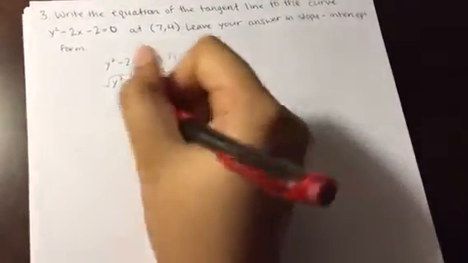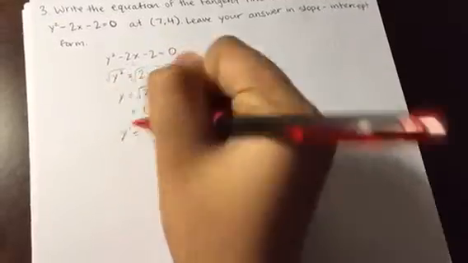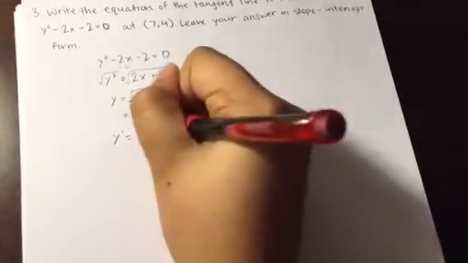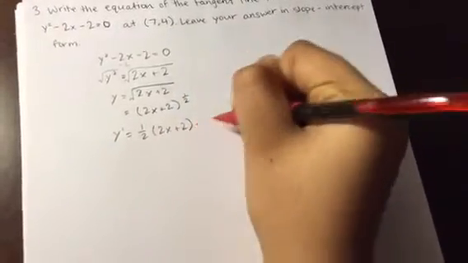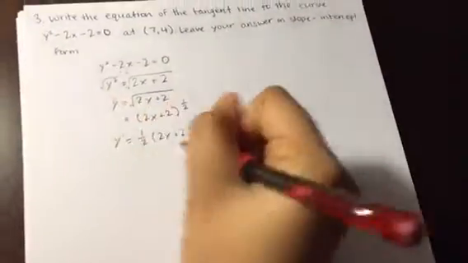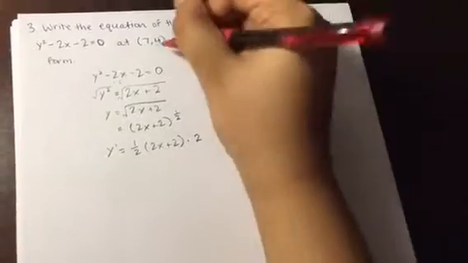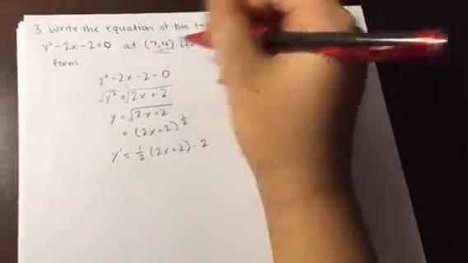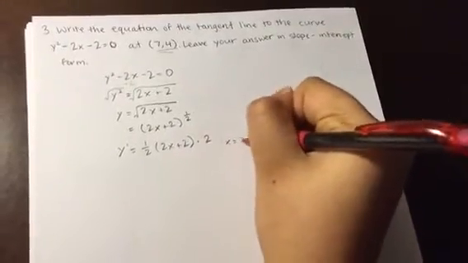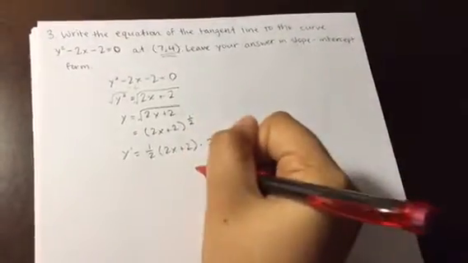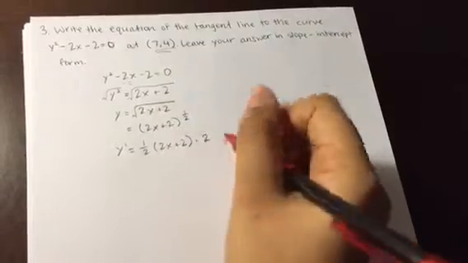From here, you take the derivative of y, and that would be 1/2 times 2x plus 2 times 2. From here, you'll plug in the x value from the point that you're given. So if x equals 7, or actually first, wait, you can break this down.